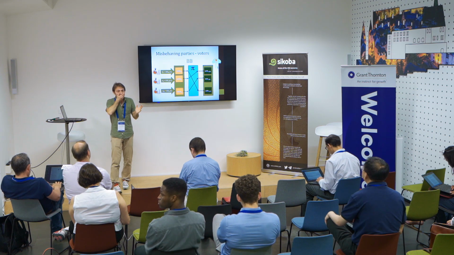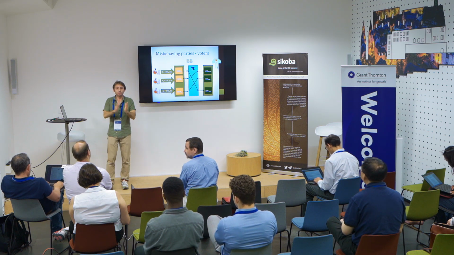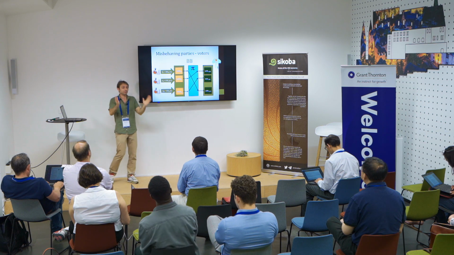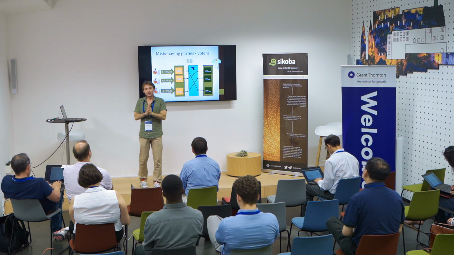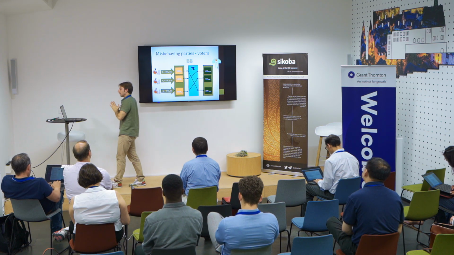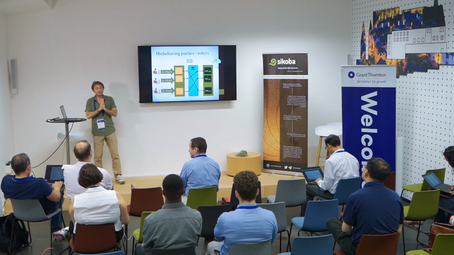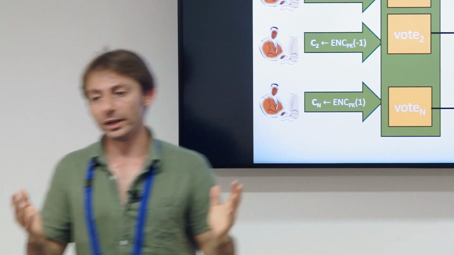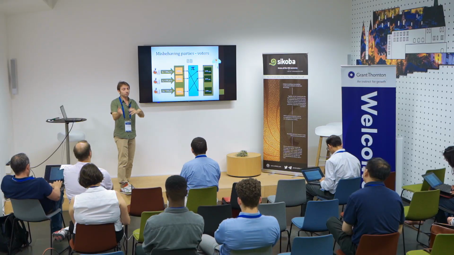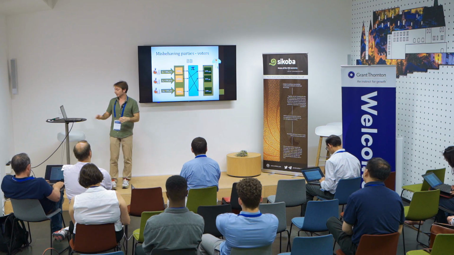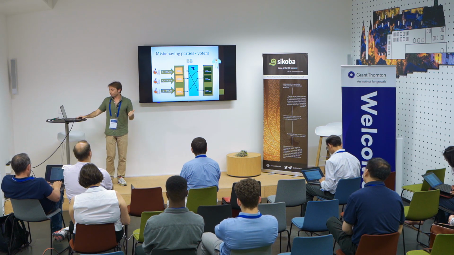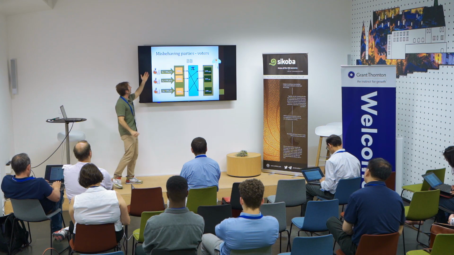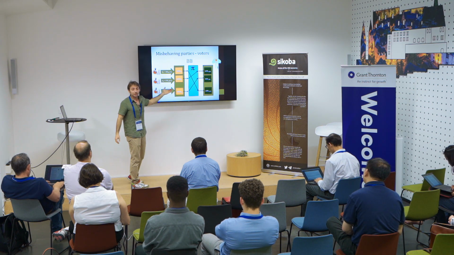So until now, I talked about privacy, actually threshold privacy, but I didn't dig into verifiability. Let's see how things can go wrong. If I just use this machinery of homomorphic voting or MixNet, the misbehaving party can be the voters themselves.